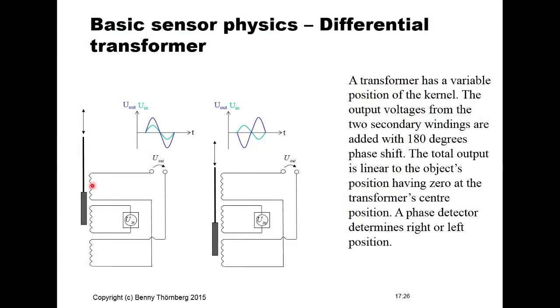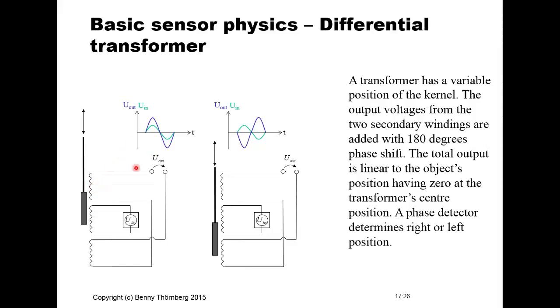The output of the differential transformer will be dependent on where this kernel is positioned. And by changing the kernel, you can actually measure the position of the object that is changing this kernel. On the upper side we see the waveforms. The blue waveform is the input and the green one is the output. When the kernel is approaching the upper secondary winding, there is no phase shift.